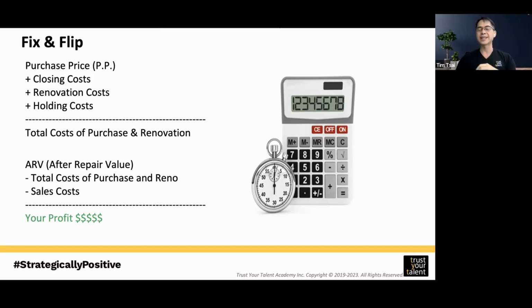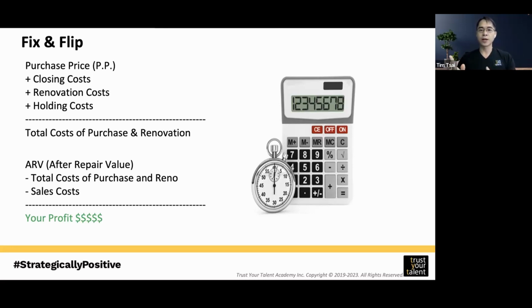After repair value, this typically is the same for a lot of us as your actual sold price. Again, you may have a different sales strategy that you've worked up with your listing agent at the end there. However, the point is, we use ARV as our typical sold price, and then you deduct your total cost of purchase and reno.